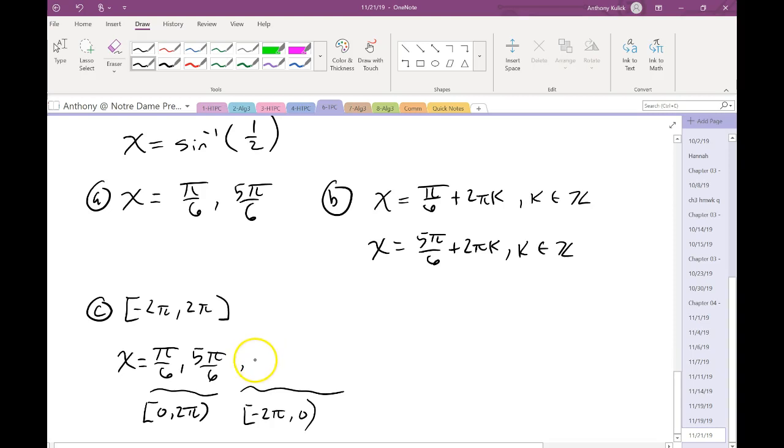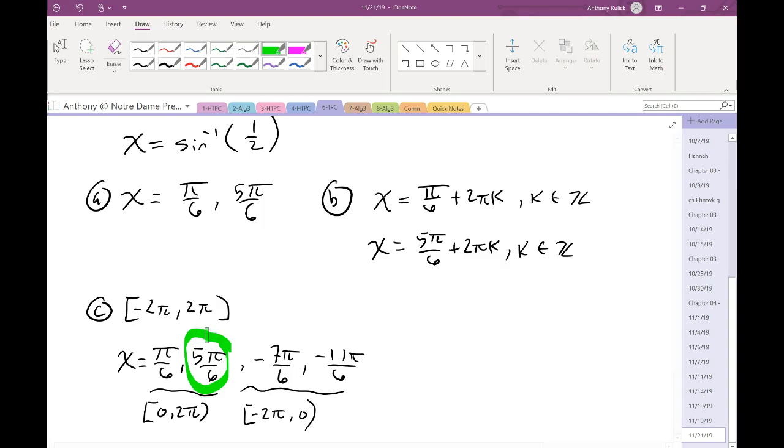So the first answer is negative 7 pi over 6. That's correct. The second answer would be negative 13 pi over 6. Or, no, that's 11 pi. So I subtract 2 pi from that.